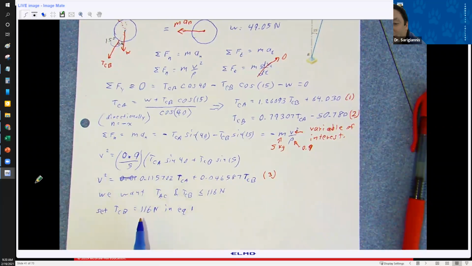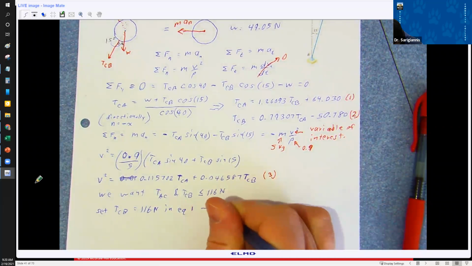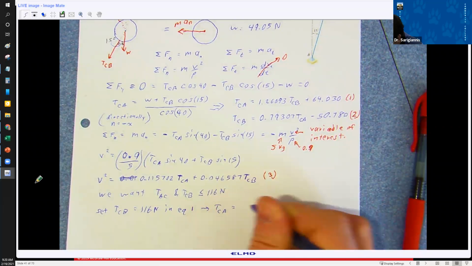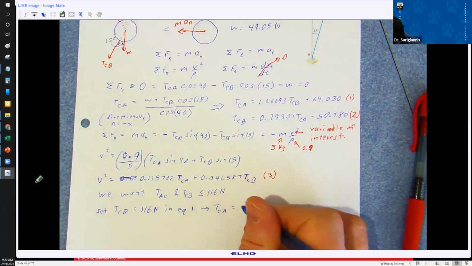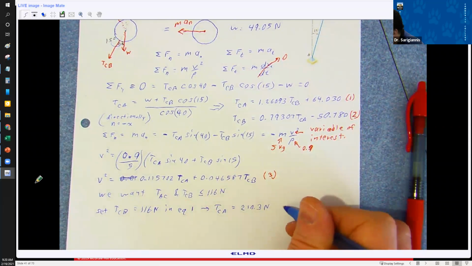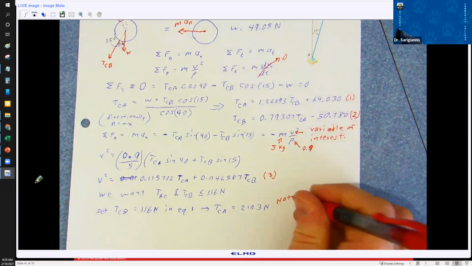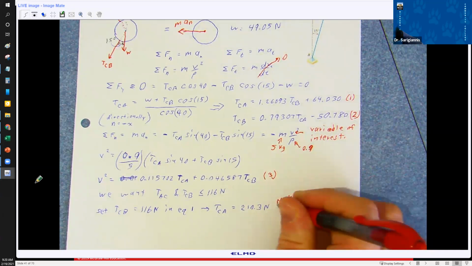So I'm going to set TCB equal to 116 newtons in equation 1. So this gives us TCA equals 210.3 newtons. So this right here is not okay, right? Not okay.